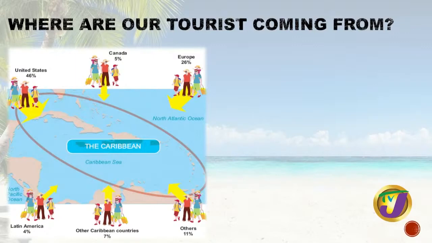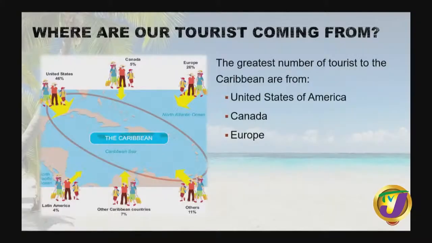So we have the Caribbean region, we have the United States being represented here, we have Canada represented here, and we also have Europe representing here. Majority of our visitors who are coming into the Caribbean region are coming from those main regions. That's North America, to include the United States and Canada, which sits on the same continent, and Europe.